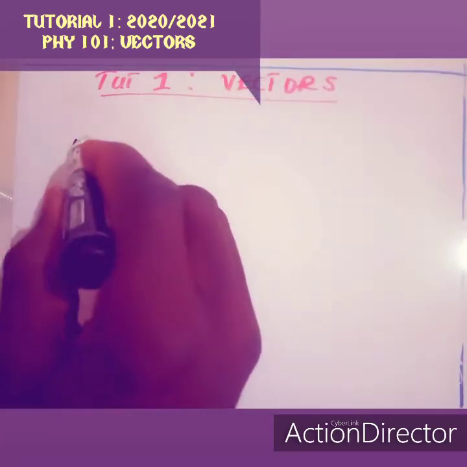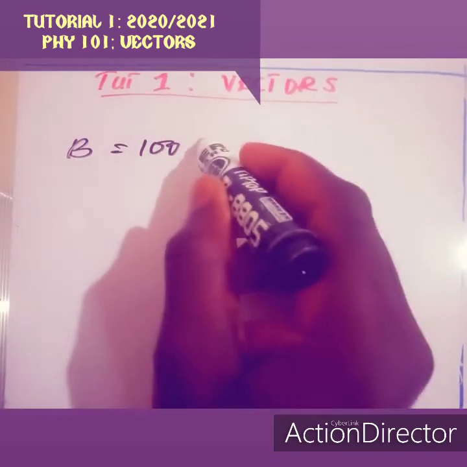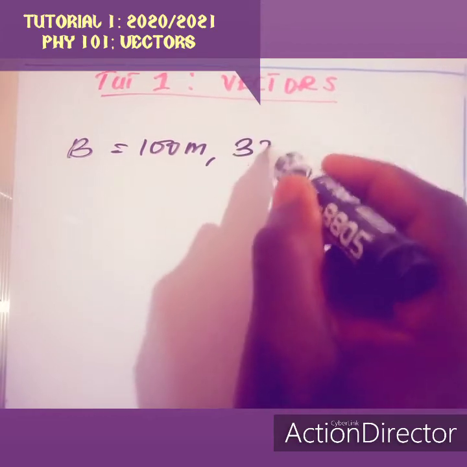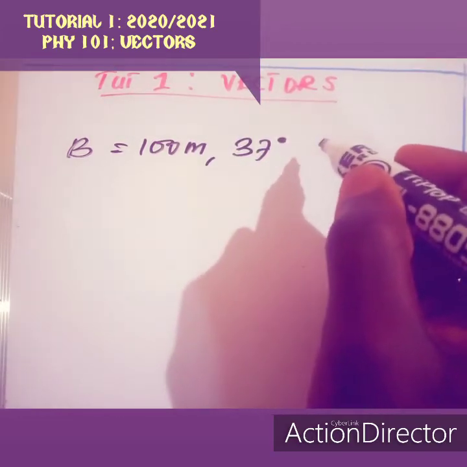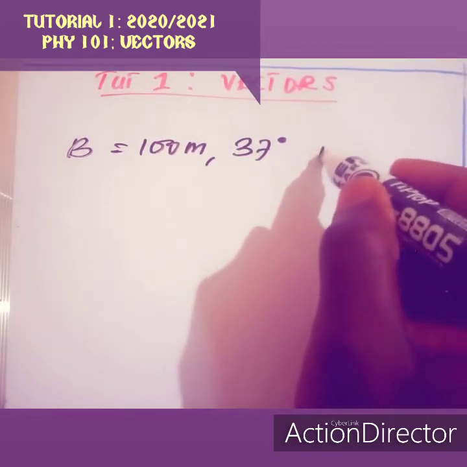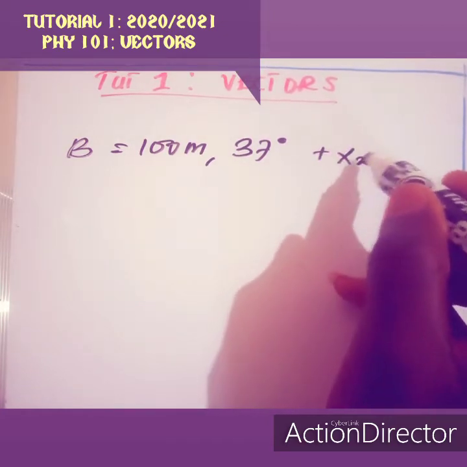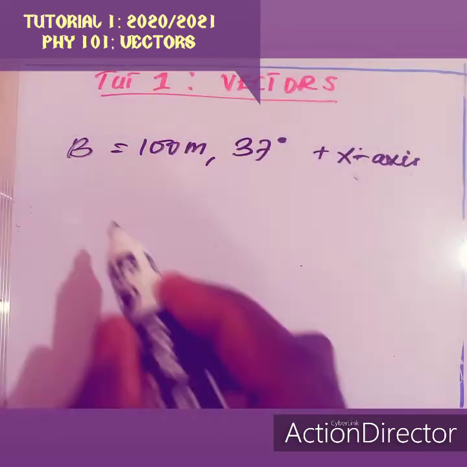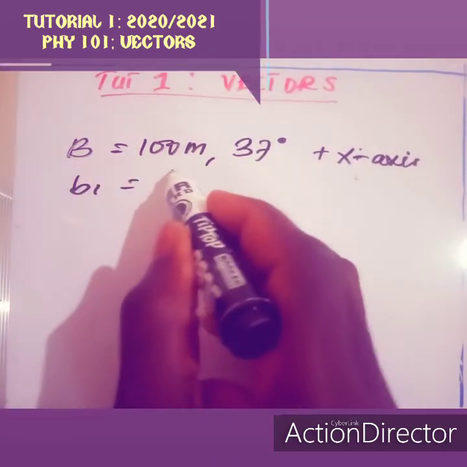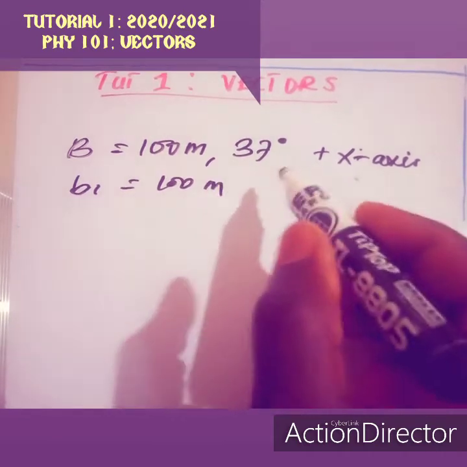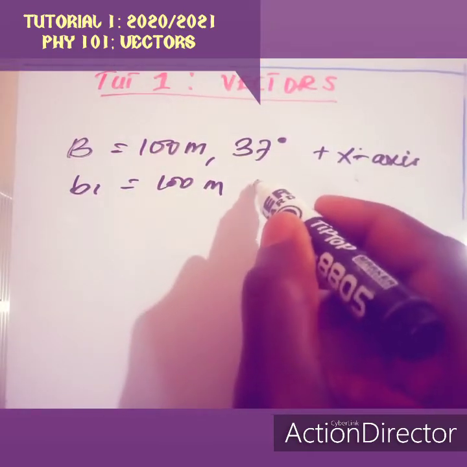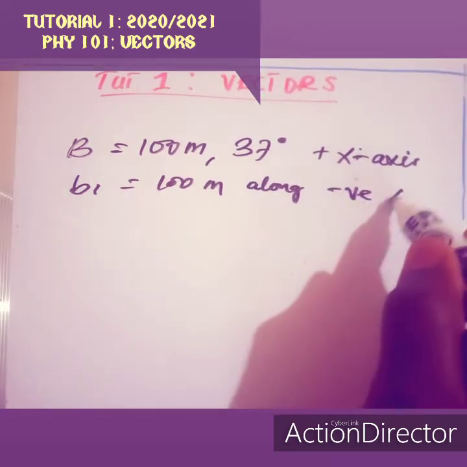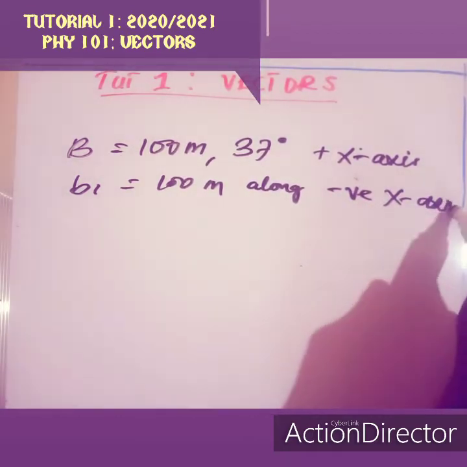Then we know that B is equal to 100 meters at 37 degrees above the positive x-axis. Then B1 is 100 meters along the negative x-axis.